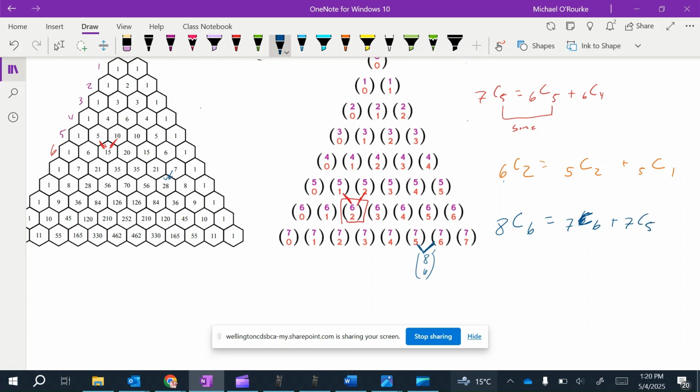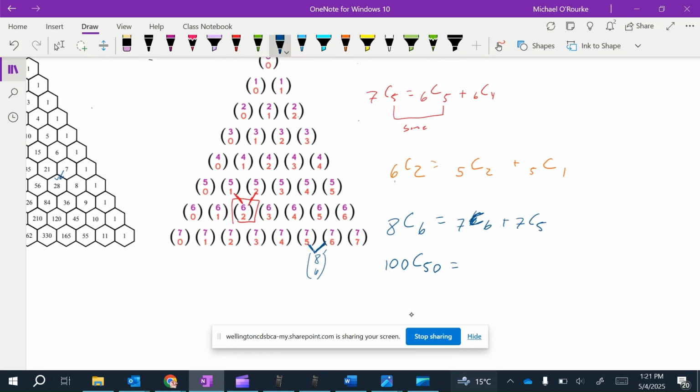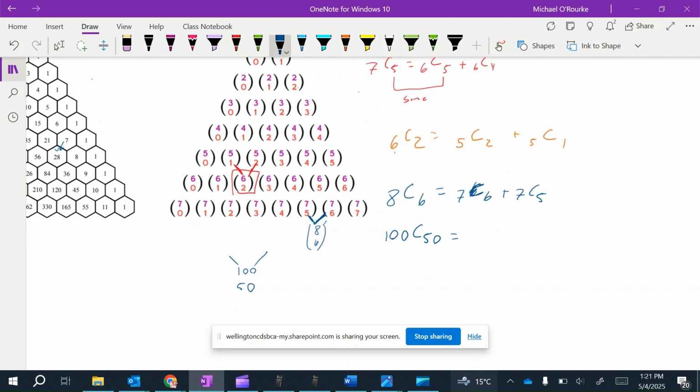Those two right there. And I could go, what's equal 100C50? See if you can get that one as well. Same pattern. Because we know 100C50 is equal to two things right above. And the one on this side here is going to have the same, we're going to go back a row, 99C50 plus 99C49. And that's going to be our equal to there.